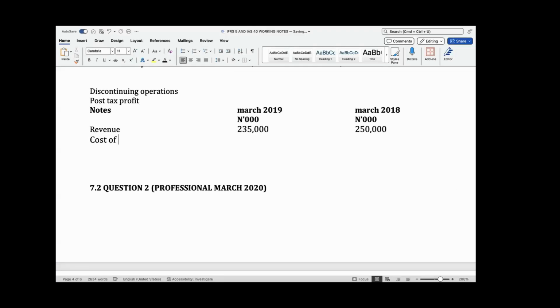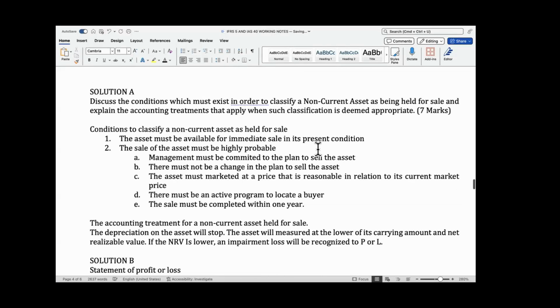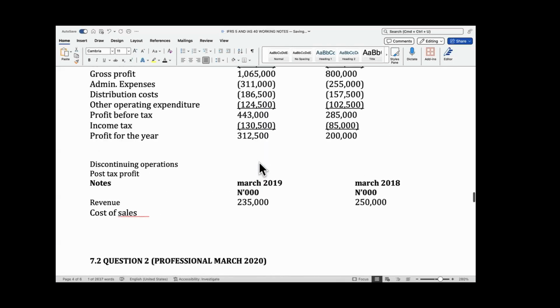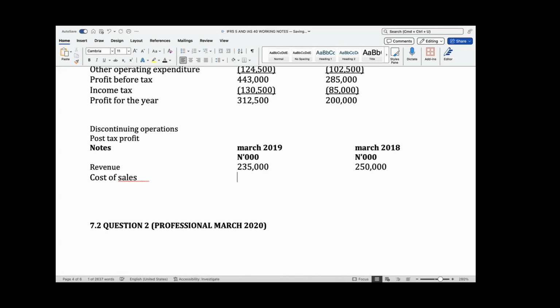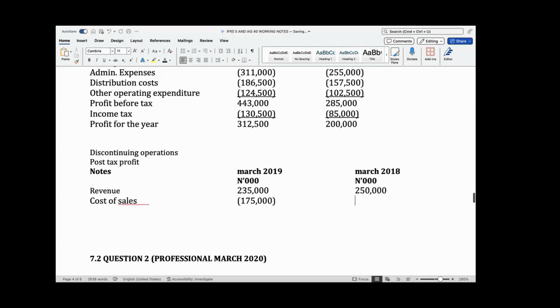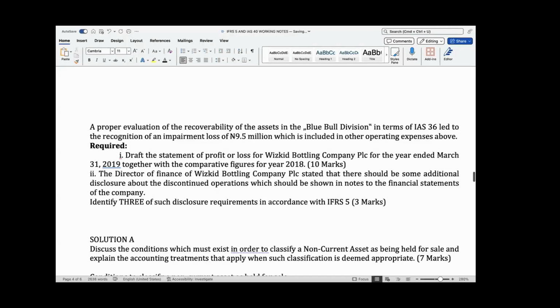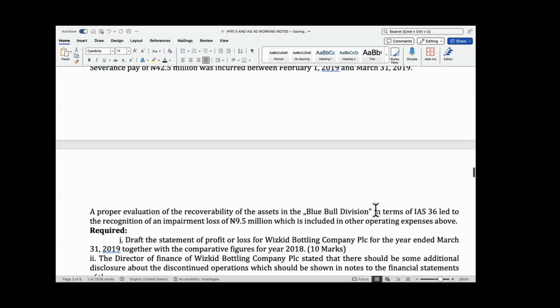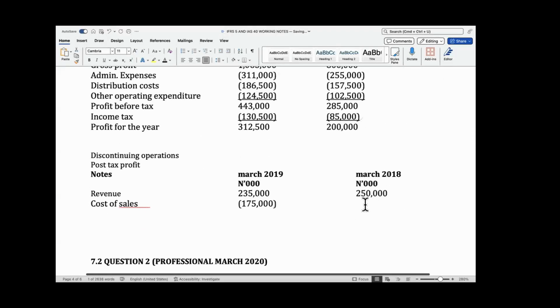Then my cost of sales, for Blue Bull, I have 175,000. And for 2018, I have 200,000.